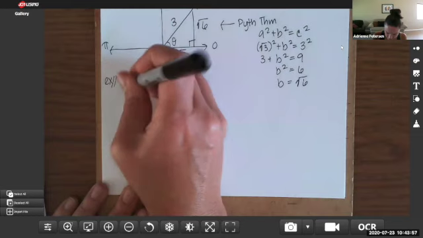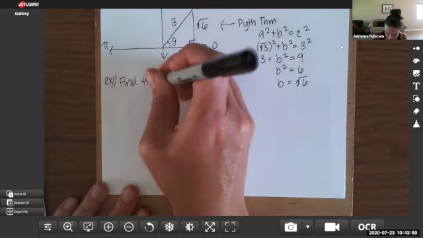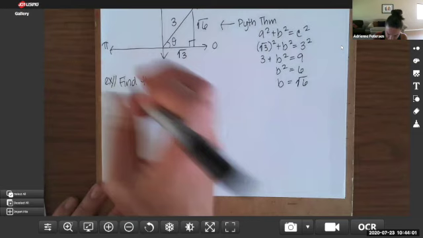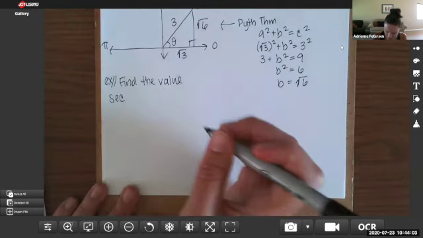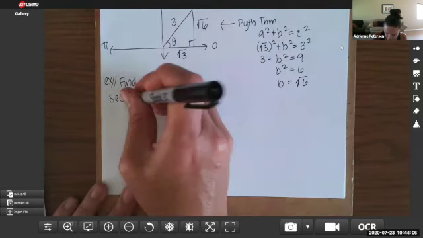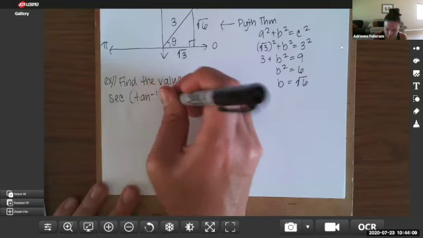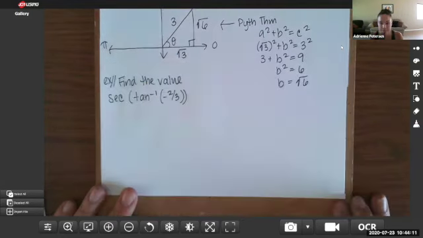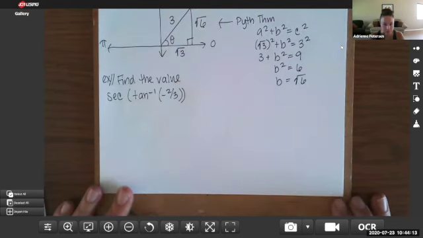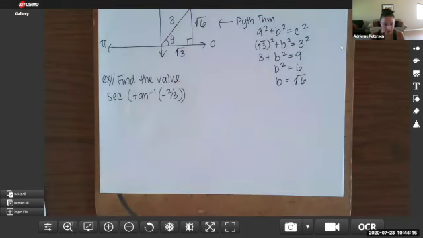Let's find the value of secant of inverse tangent of -2/3. Okay, so again, anytime we have a composition of functions, two functions applied in a row, we always start with the inside operation first.